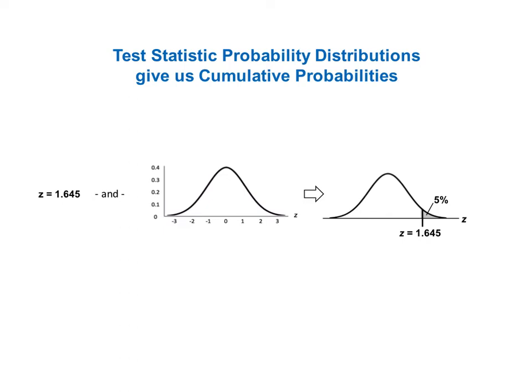Here we see that if Z equals 1.645, then the cumulative probability is 5%. Similarly, if we knew that the cumulative probability was 5%, the distribution would tell us that Z must equal 1.645. That's what happens when we select a value for alpha, the significance level.